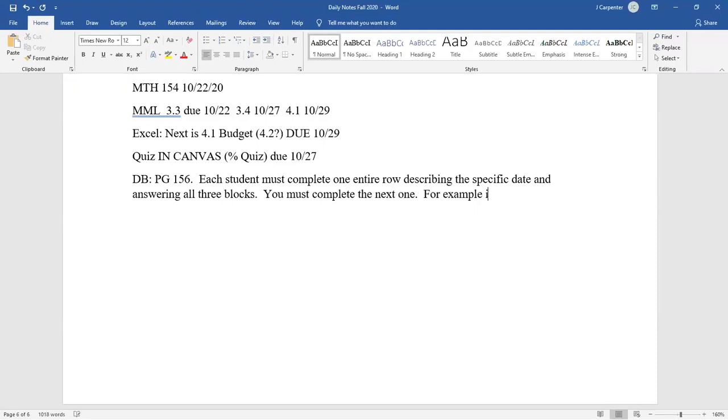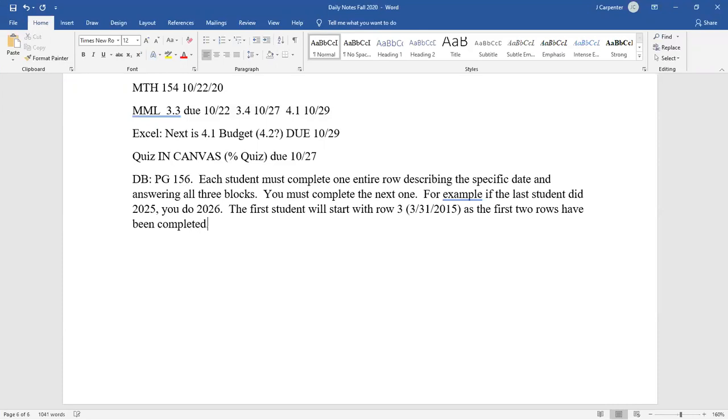For example, the last student 2025, you do 2026. First student, start with row 3, which was 3/31/2015, as the first 2 rows have been completed.